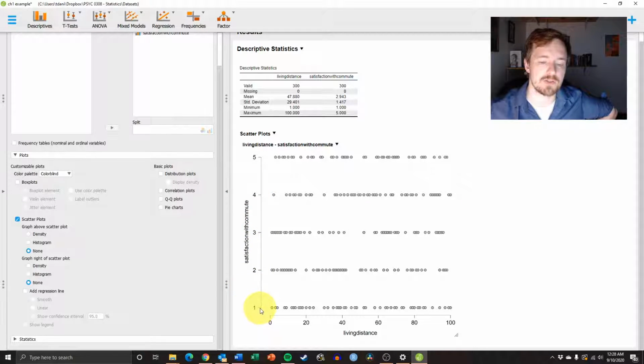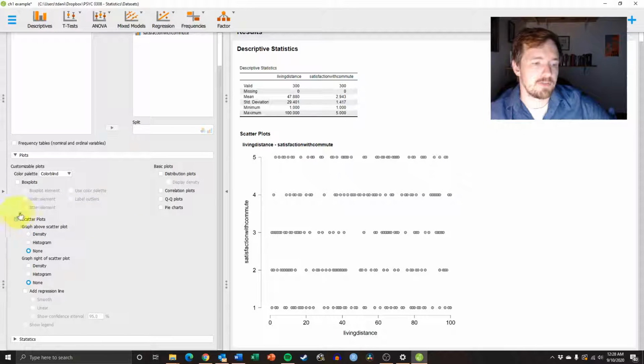The scale only goes from 1, 2, 3, 4, and 5. You can't have a 4.5, you can't have a 3.5, and that's why it's in these lines. But even still, I don't really notice too much of a trend. You would use this if you were looking for correlations and things like that. We haven't really talked about that in this chapter. We won't talk about it until towards the end of the year, but that gives you an idea.